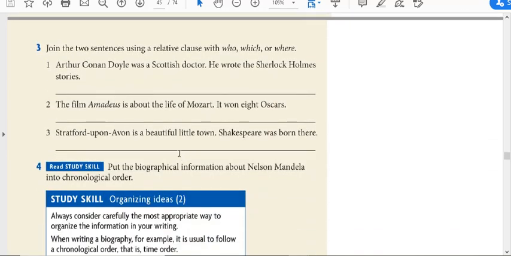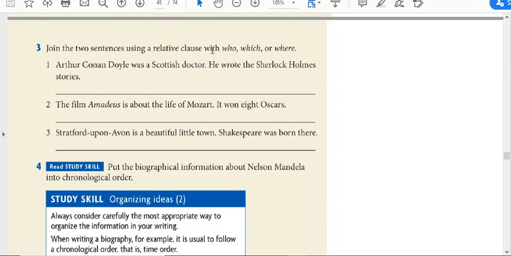Okay, now exercise number 3. Then join the 2 sentences using a relative clause with who, which, or where. So this is the first one. It says Arthur Conan Doyle was a Scottish doctor. He wrote the Sherlock Holmes stories.